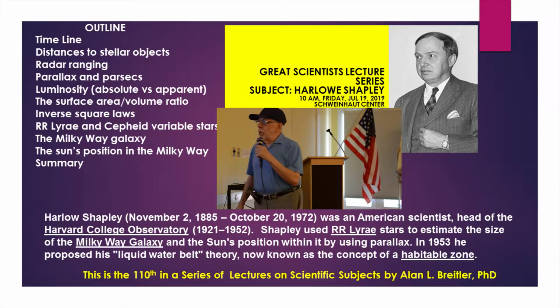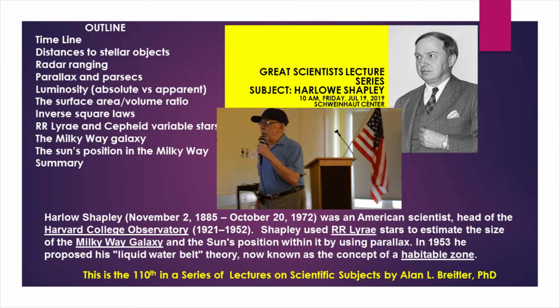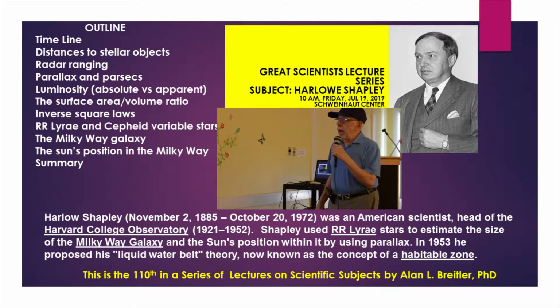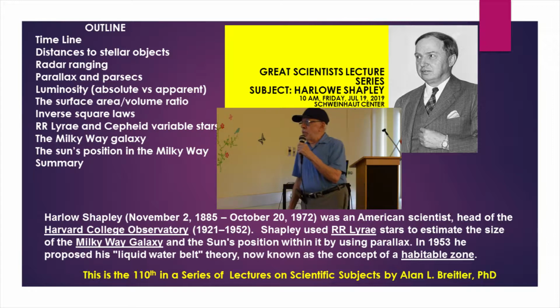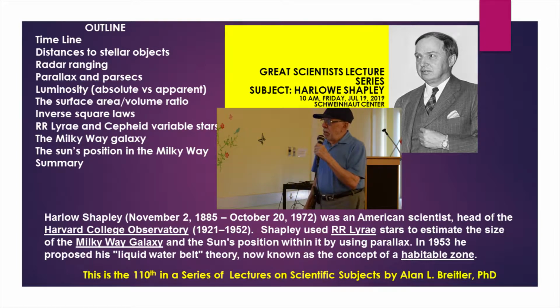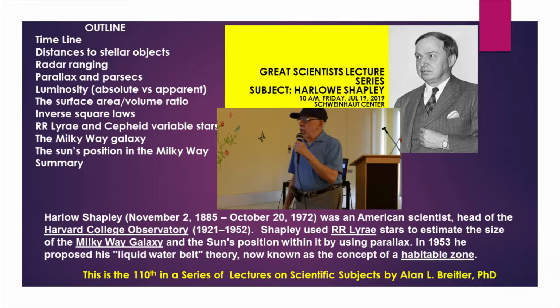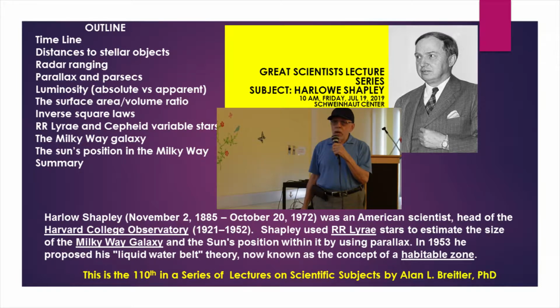He was born in 1885, passed away in 72, and for a very long time, which I was unaware of, 31 years, he was the head of the Harvard College Observatory. It's kind of interesting.